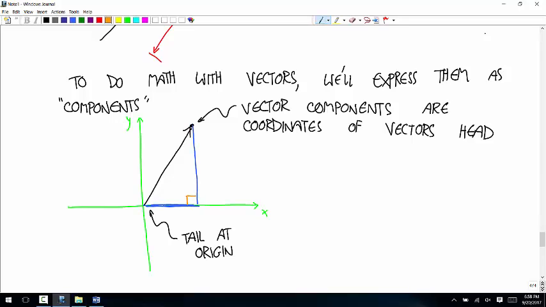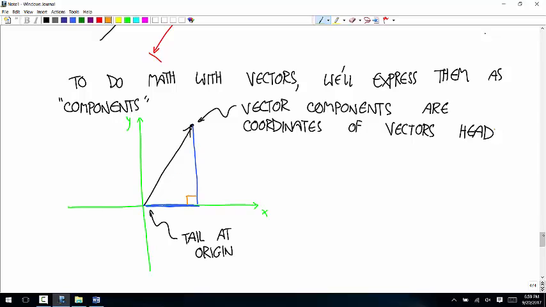These two paths are perpendicular to each other, and the lengths of those paths are the magnitudes of those components.